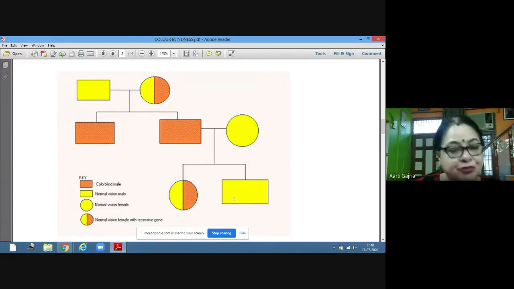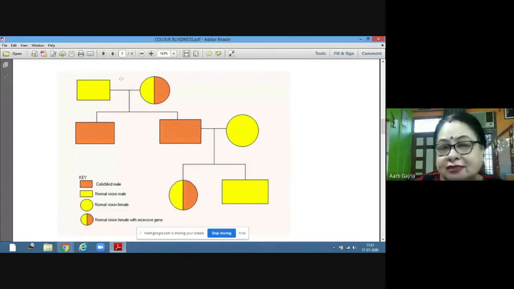The son would be normal and the daughter is a carrier. So this is the pedigree which shows the probability of having color blindness in children. One case is when the father is not color blind, normal, and the second is when the father is affected and the mother is normal.